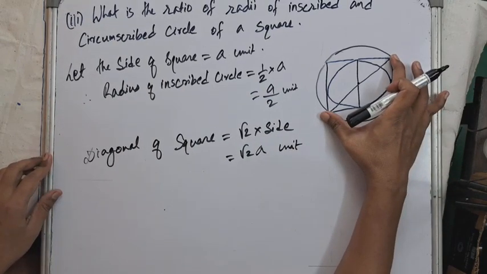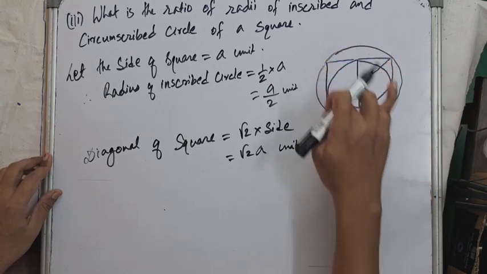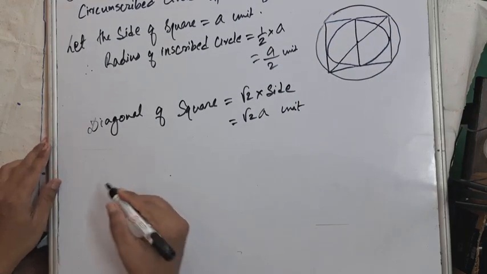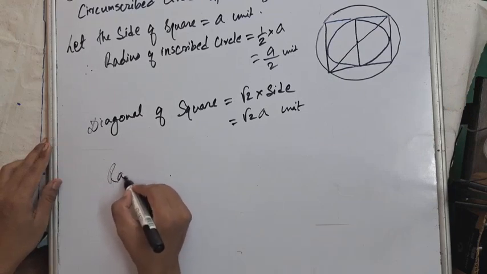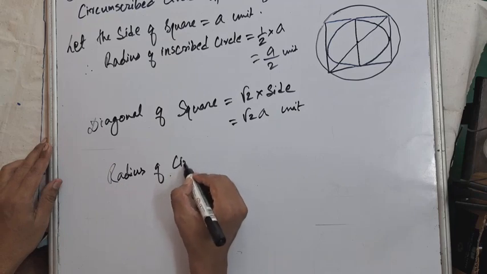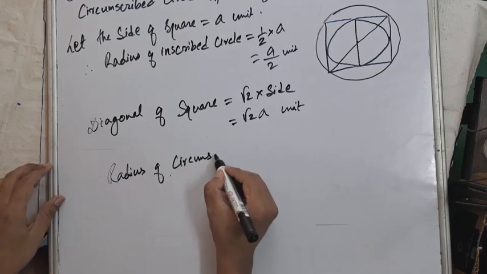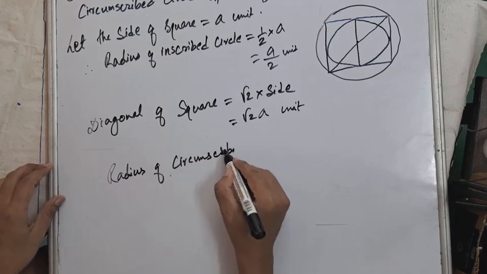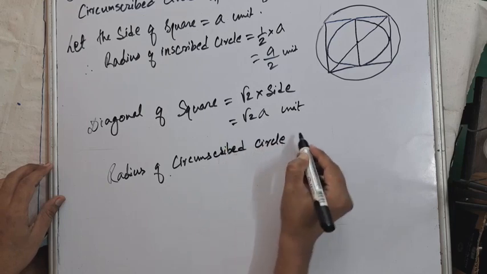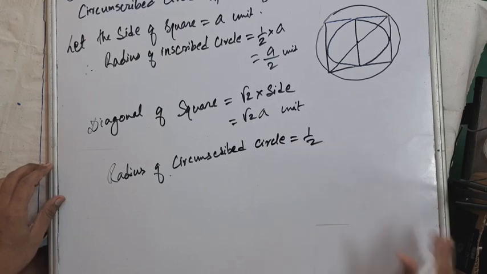but the diagonal of the square is the diameter of the circumscribed circle. So the radius of the circumscribed circle is equal to half of the diameter.